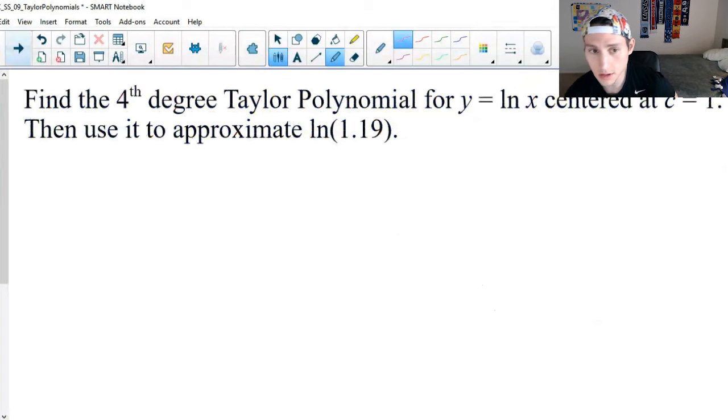Okay, let's try again. Find the 4th degree Taylor polynomial for y equals natural log of x centered at c equals 1. Then use it to approximate natural log of 1.19. Great.